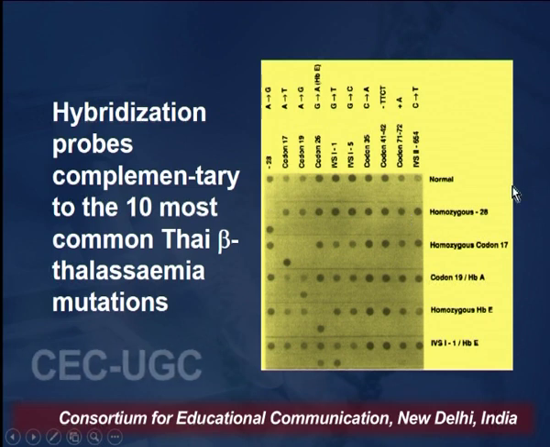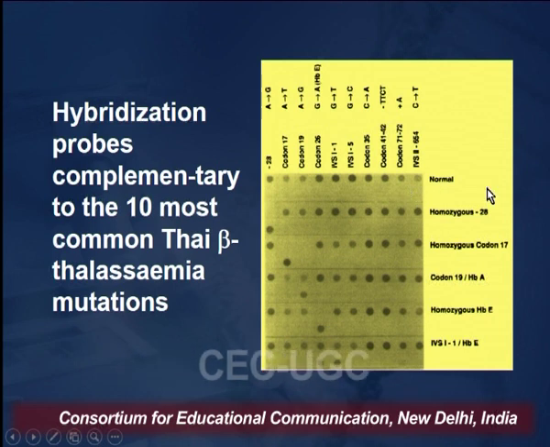When you process that, you recognize that in, for example, this topmost strip, the signal is present in the normal lane and there is no signal in the mutated lane. So, in the patient DNA that you have used, no mutation is present.